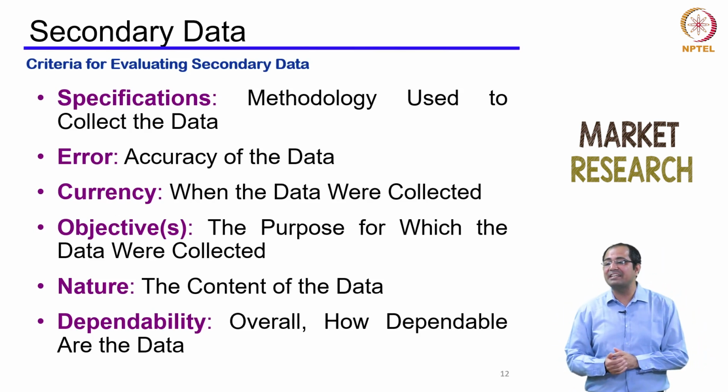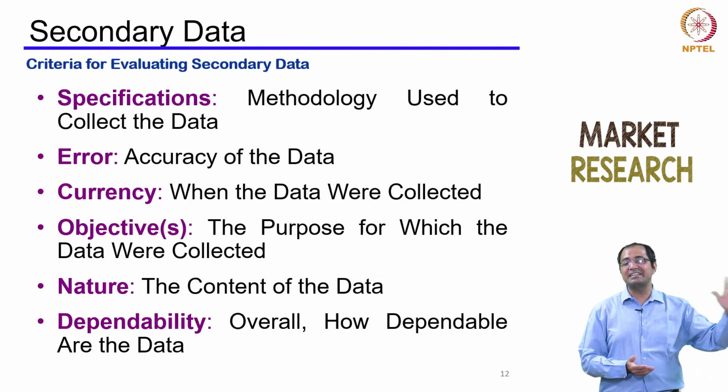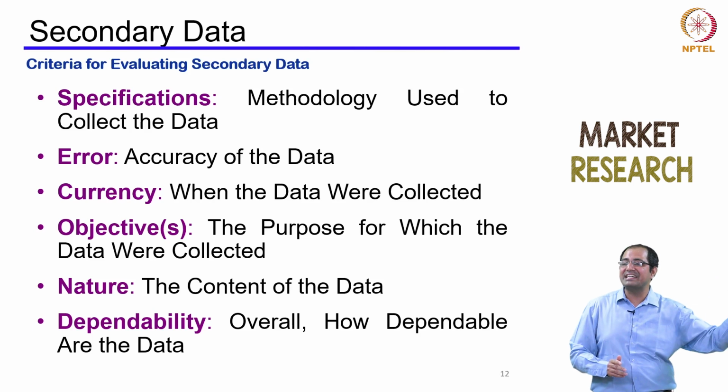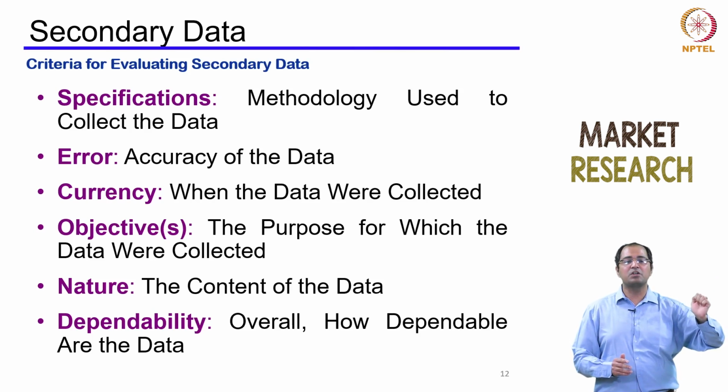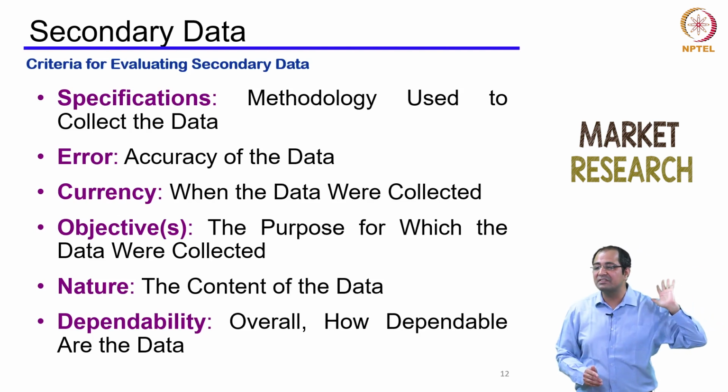Next one is objective. For what objective was the secondary data collected? Let's say the secondary data was aggregate retail data about the movement of different brands.